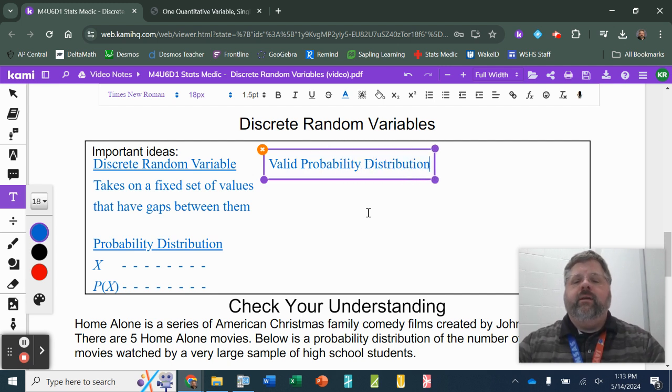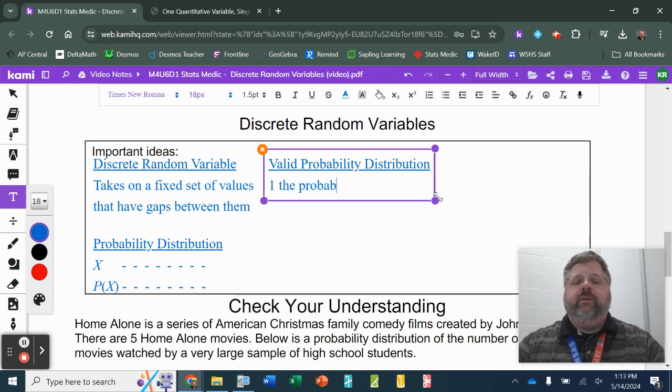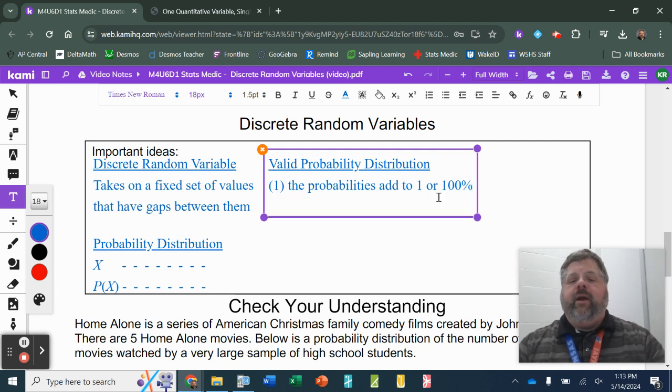Number one is that the probabilities add to 1 or 100%, depending on how they're displayed. If they're decimals, they need to add up to 1. If they're represented with percentages, they need to add up to 100%.